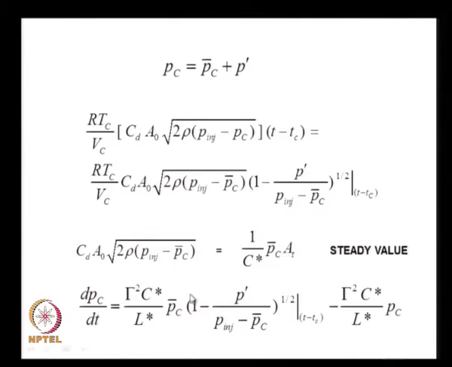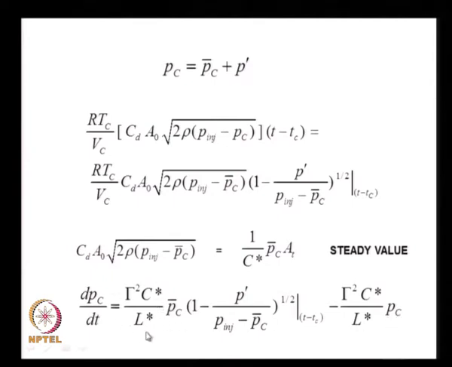We could write it as gamma squared C star by L star into, this value over here, into the steady value which is Pc bar minus the value of P bar to the power half, minus the value leaving through the nozzle over here.